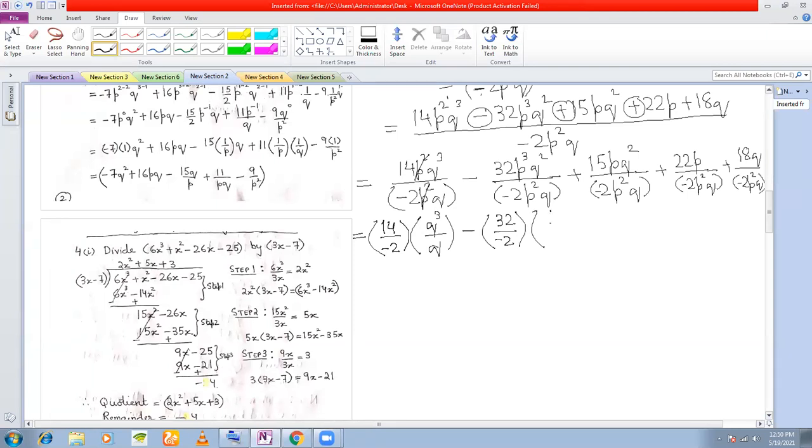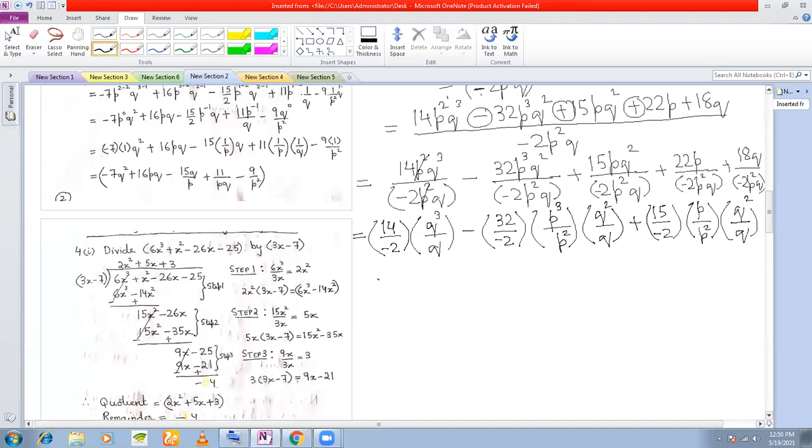Next you have p³ by p², and you have q² by q, right? Next you have 15 divided by minus 2. You have p divided by p², and you have q² by q.